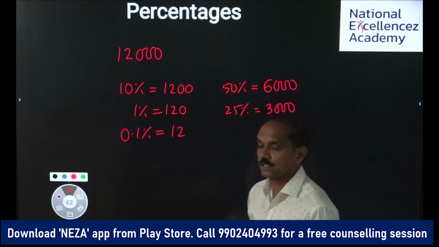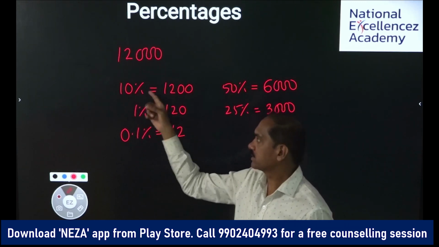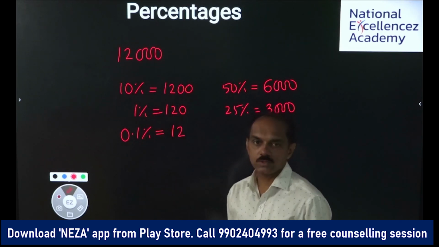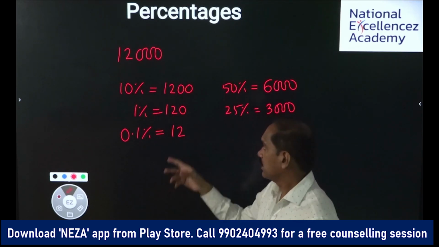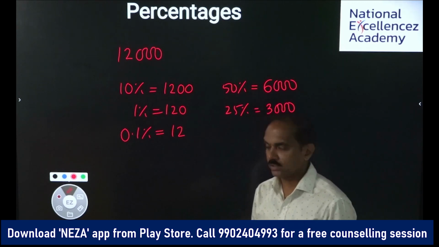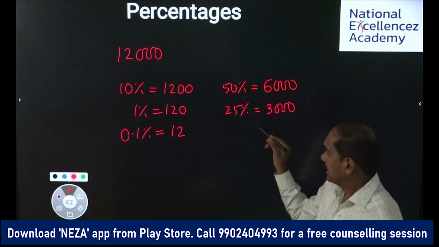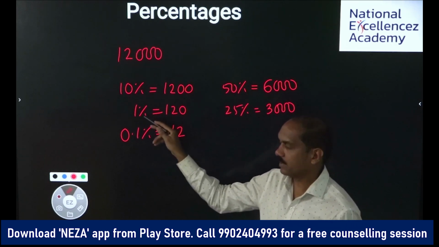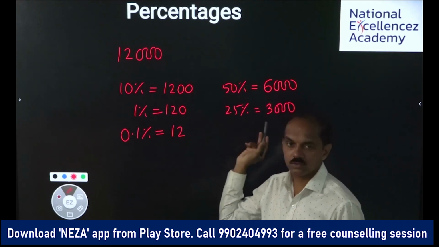And if I ask you 9%, 10% is ready, 1% is ready, 10 minus 1 gives us 9. It is easy to subtract 120 from 1200, right? And if we ask you 26%, 25% is ready, 1% is ready, just add these two.